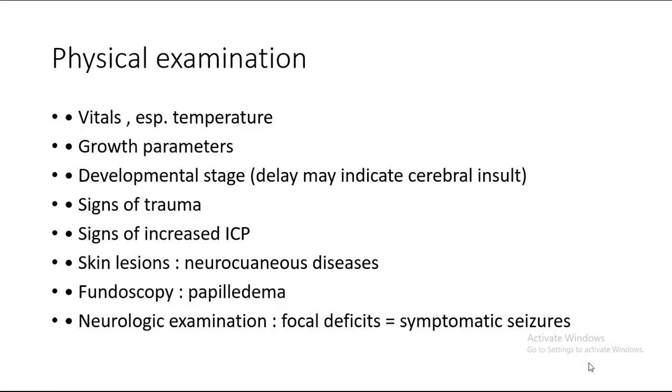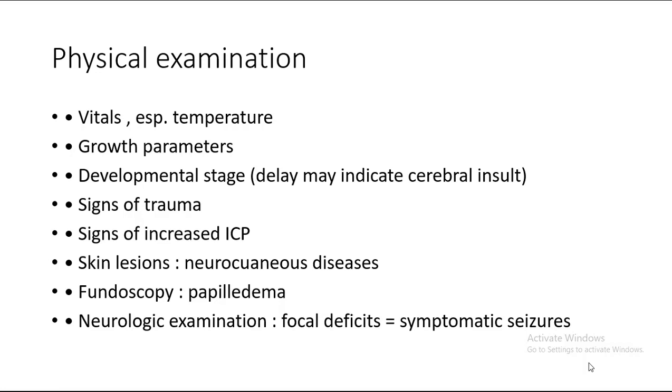Now, if the child presents seizing or had a history of seizure, after we ask and obtain the description, whether by video or verbal description, we will start the examination. Of course, before the examination I have to be sure that the child is safe. If he is seizing, then I have to treat and then perform the examination.